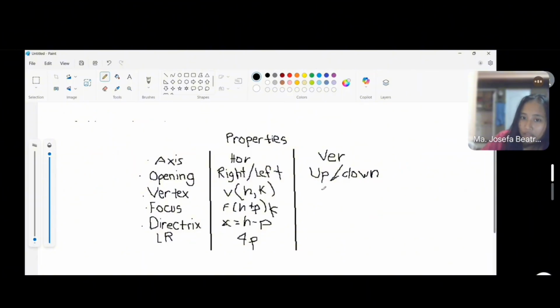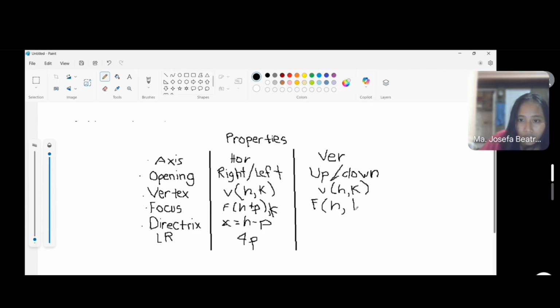Okay, so for our vertical parabola, its vertex would just be the same as our horizontal, v quantity h comma k. And then its focus would be f quantity h comma k plus p.